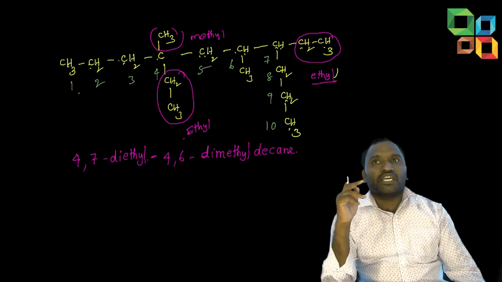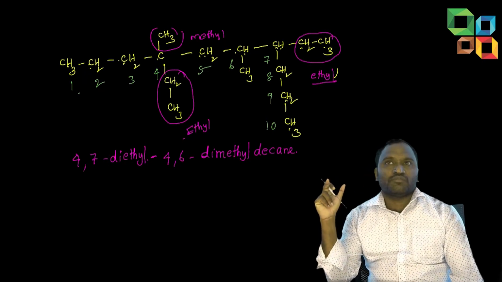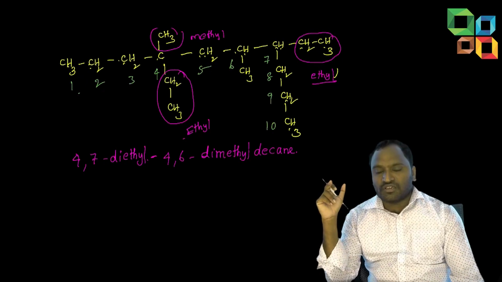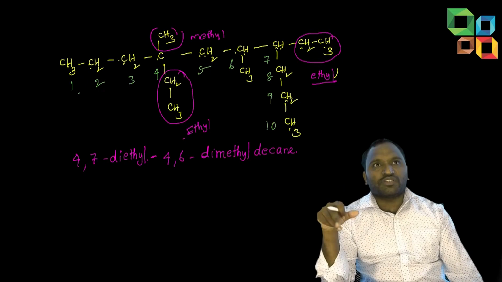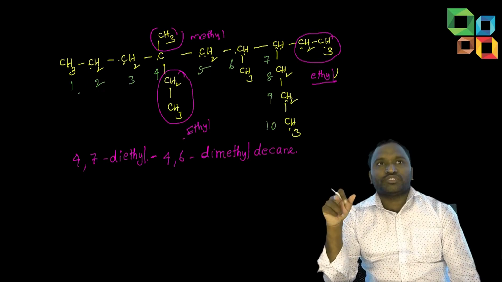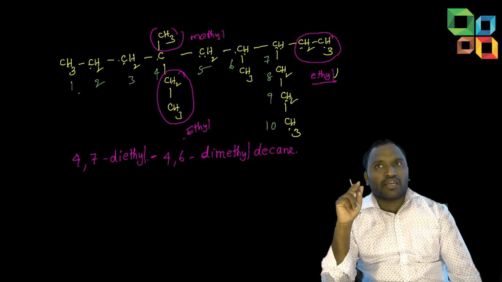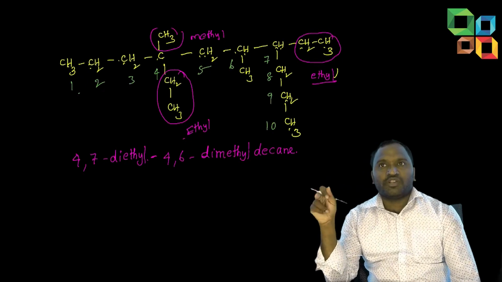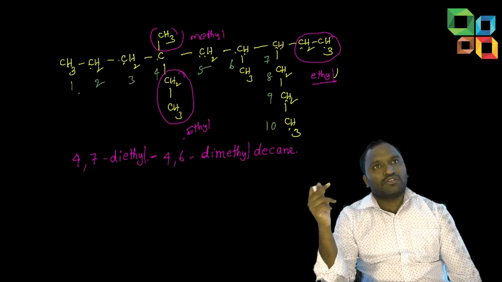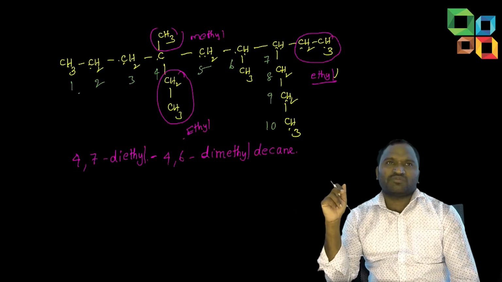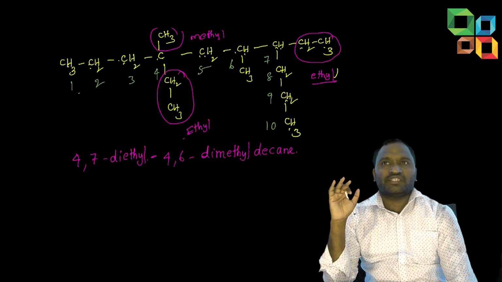If the same substituent repeats more than one time, based on how many times it repeated, we will use di for 2 times repetition, tri for 3 times repetition, tetra for 4 times repetition. More than that won't be there.